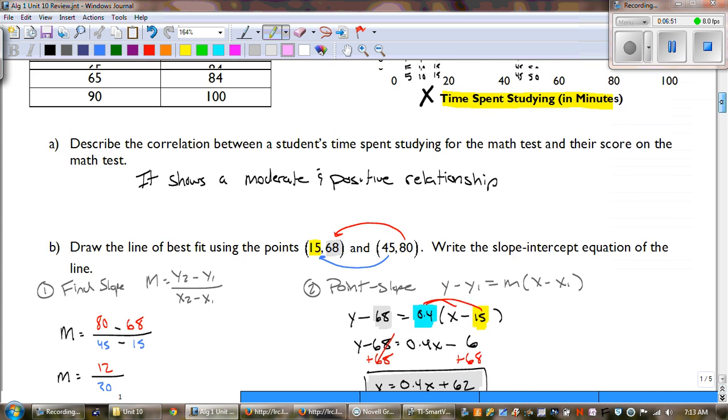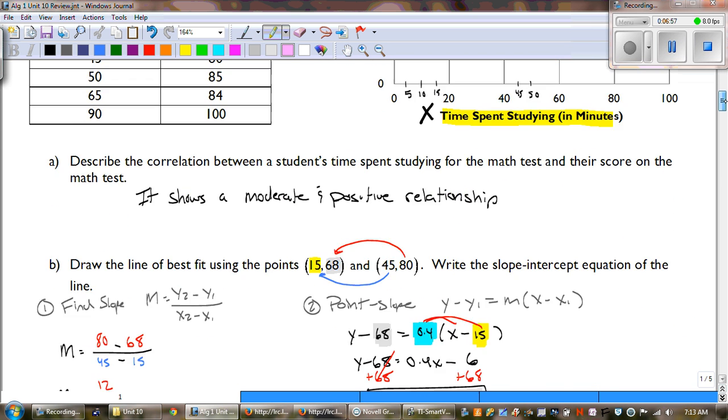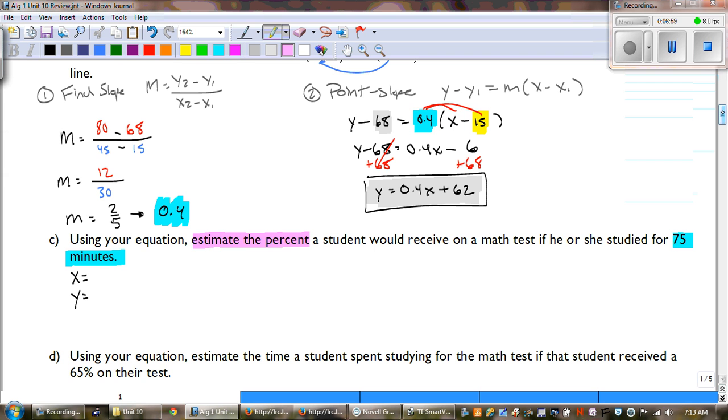So I'm going to come up to the top again and be like, oh, the percent is y, and the minutes is x. So that means that if x is the minutes, x is 75, and we're trying to find out what y is. Okay?